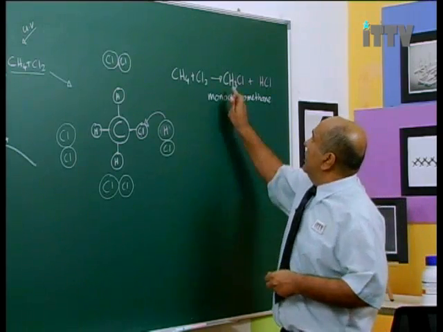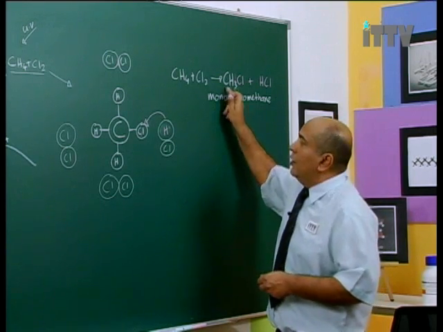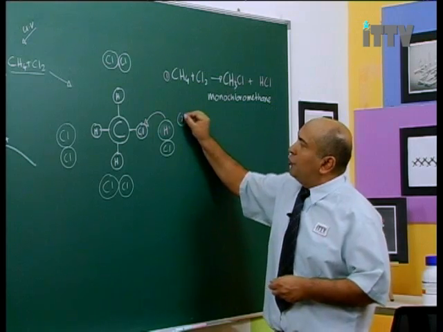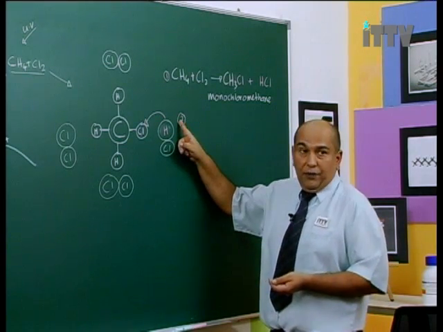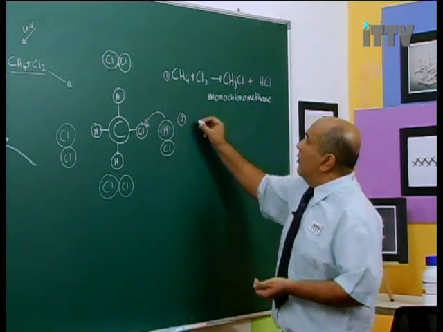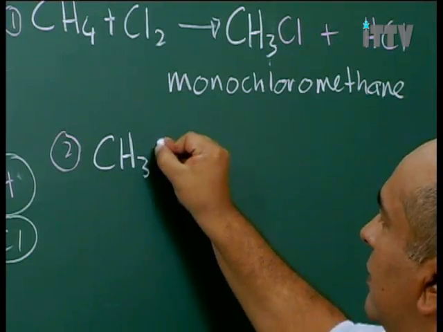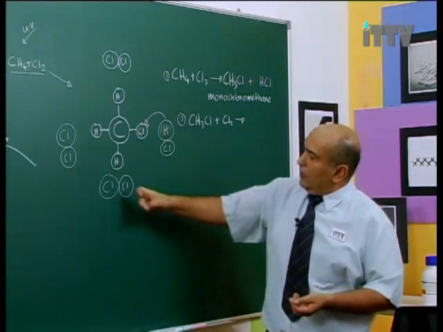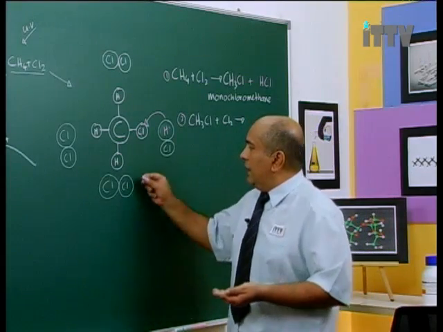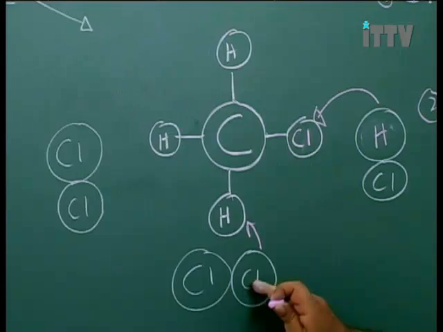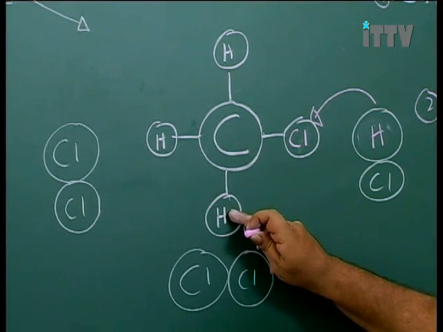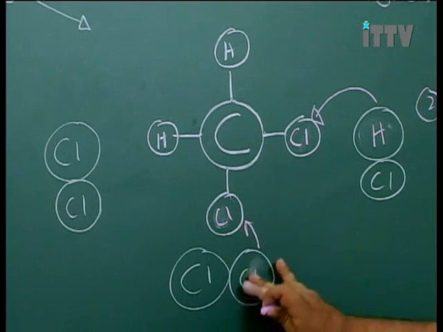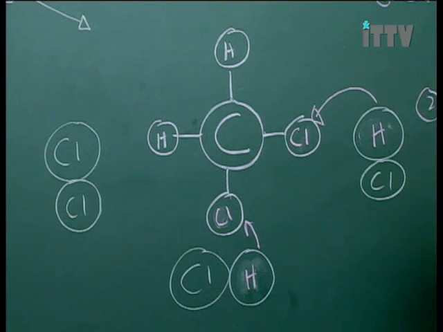Now what happens is this monochloromethane will go to the second part of the reaction. So this is part 1. Let's go to part 2 now. In part 2 of the reaction, we start with monochloromethane, and this will react with chlorine gas. What occurs here is this: the chlorine here substitutes the hydrogen over here. The hydrogen comes out. So chlorine goes in, hydrogen comes out.